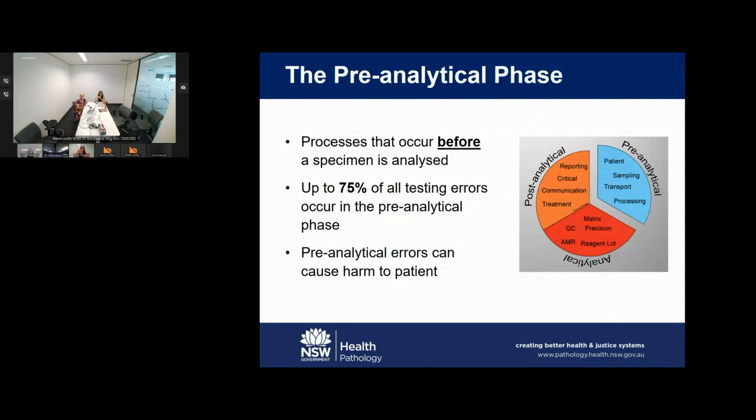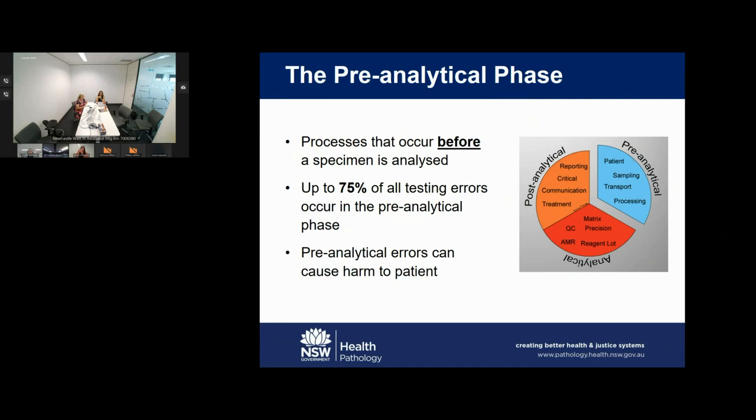So what is the pre-analytical phase? The pre-analytical phase is everything that occurs prior to analysis, from presenting yourself to the patient, collection, sampling, transport, and processing ready for analysis. And up to 75% of all testing errors occur in this phase. And that's not only for point of care, that is for any of our diagnostic laboratories worldwide.